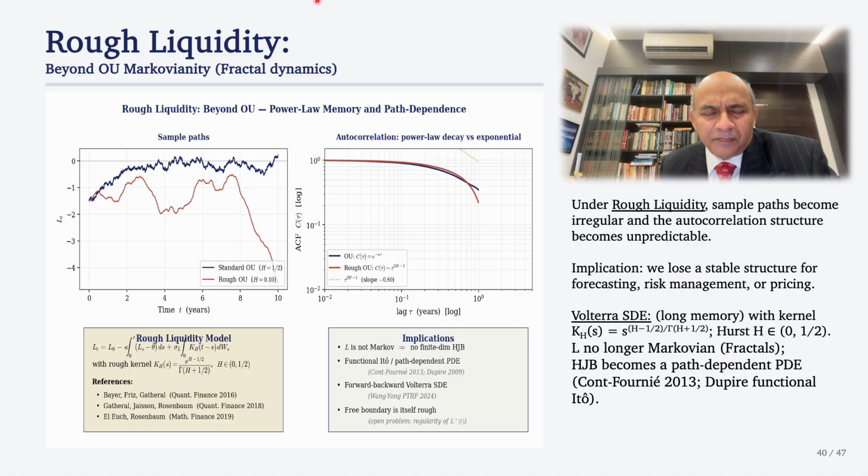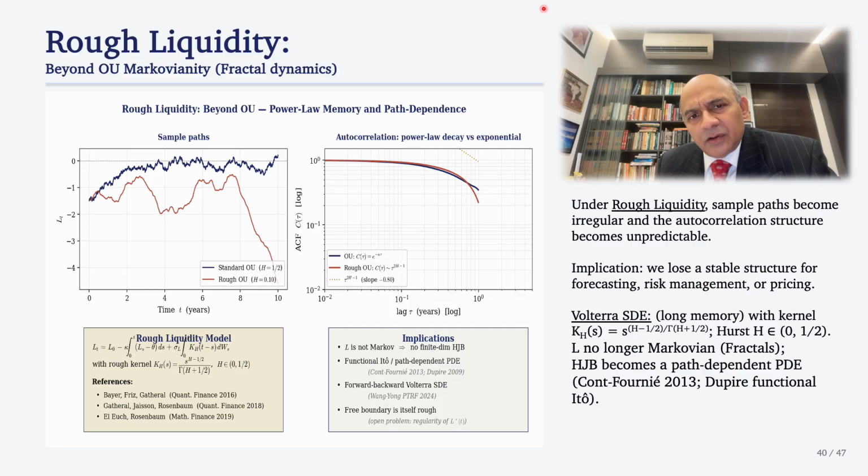That's also rough. So if liquidity is rough, our OU model is misspecified. L is not Markov. The autocorrelation decays as a power law rather than exponentially. The correct framework is a Volterra stochastic differential equation with a rough kernel.